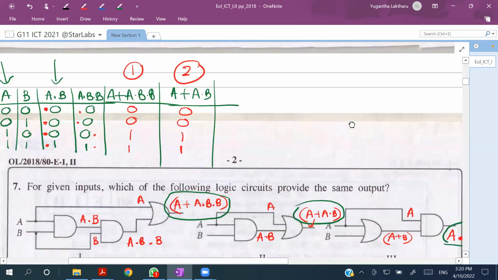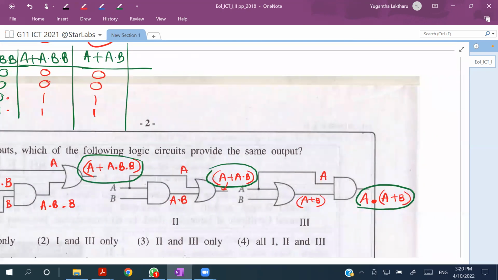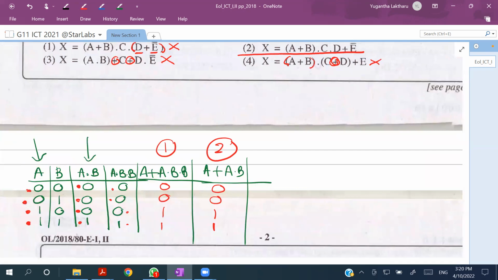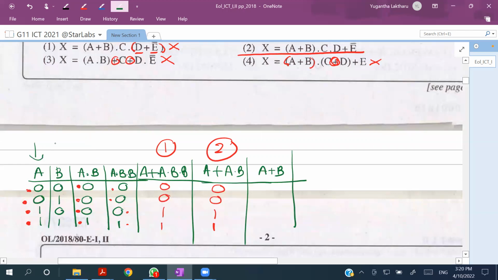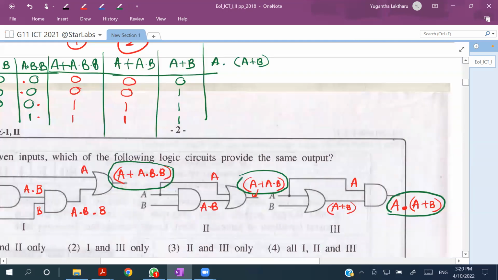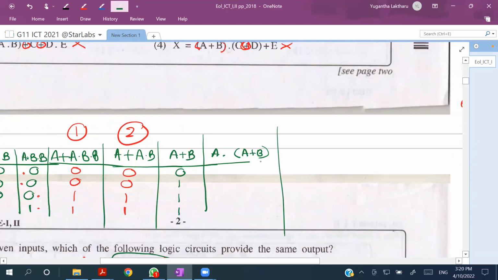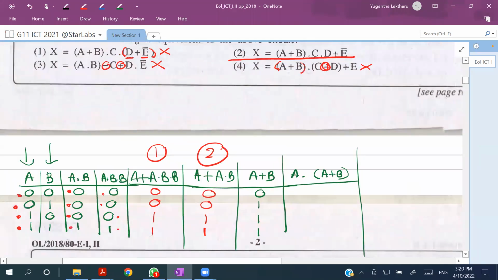So the third one is A dot (A plus B). So we don't have an A plus B. First of all, we have to create A plus B. So A plus B can be recognized by these two. So it's going to be 0, 1, 1, and 1. So now to have A dot (A plus B), we are going to consider what?